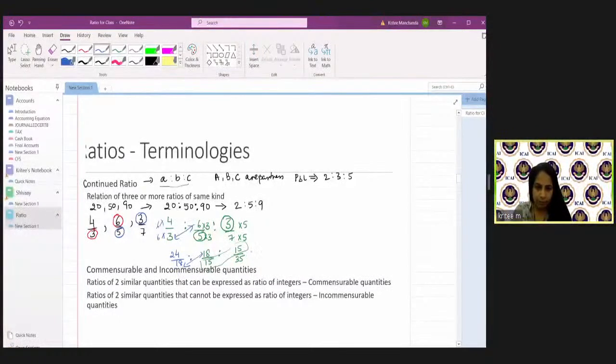Now I can combine and present this ratio as a continued ratio. So it looks something like this: 24 is to 18 is to 15 is to 35. Okay, that's how a continued ratio can be obtained.